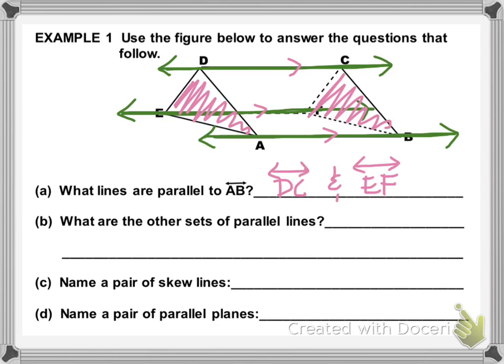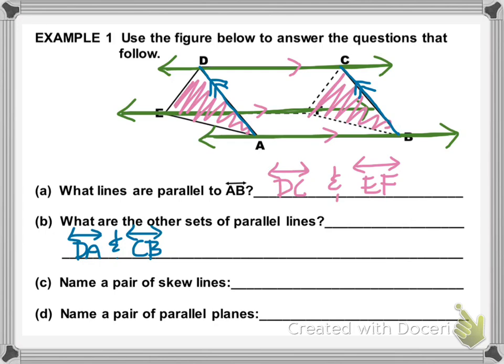So for example, DA and CB, these are parallel, and I'm going to show that using two of the little arrows because I want to indicate that they're parallel, but they're not parallel to those other three lines we just talked about. So one set of parallel lines are lines DA and CB.